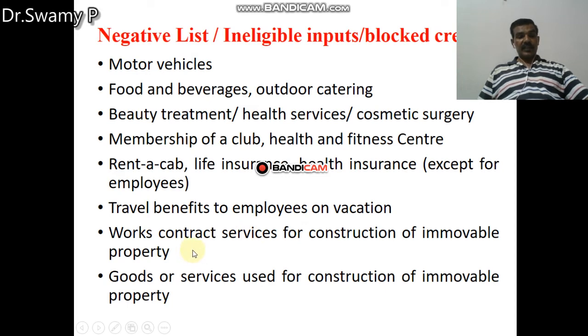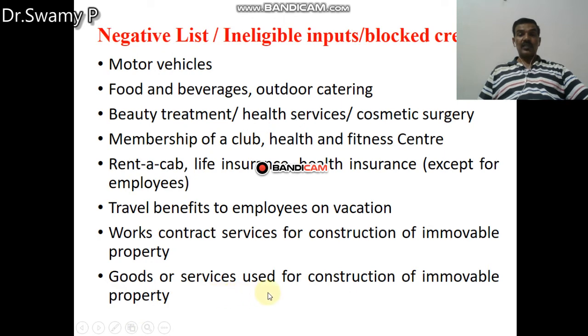Then works contract services for construction of immobile property other than plant and machinery, except where it is an input service for further supply of the same. That means works contract services for construction of immobile property are in the negative list, so input tax credit is not available.